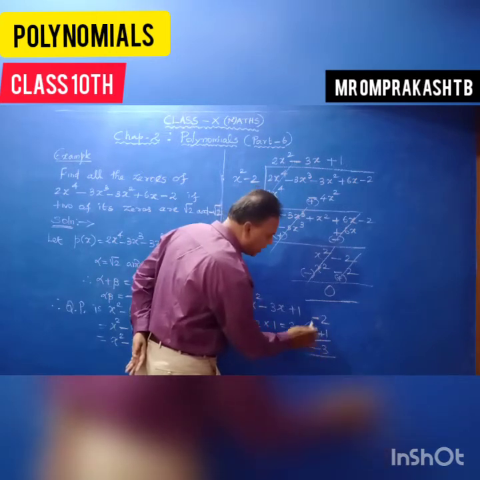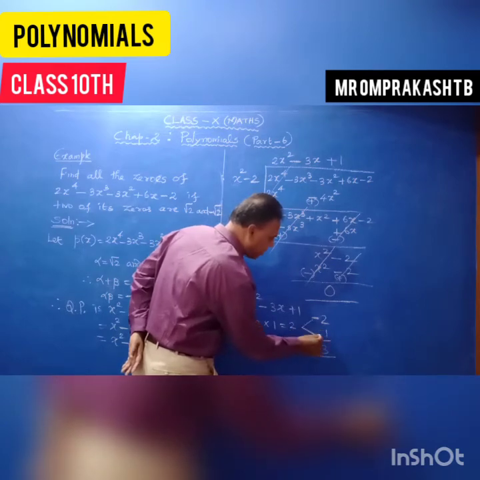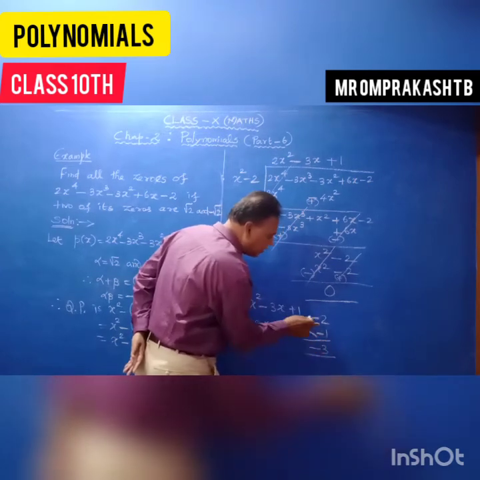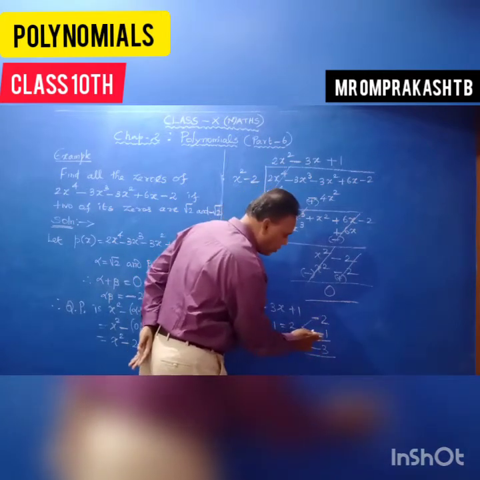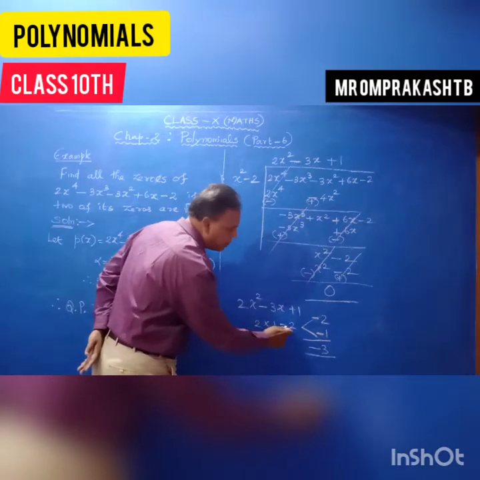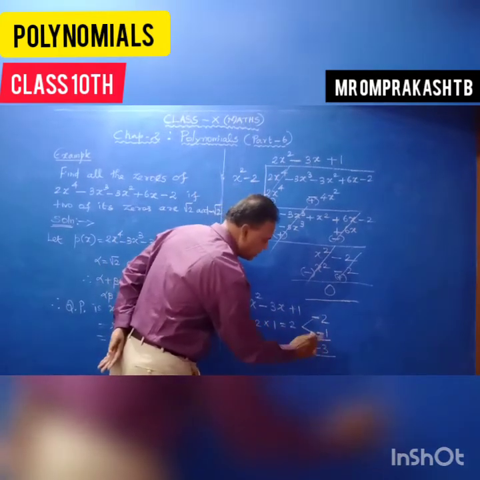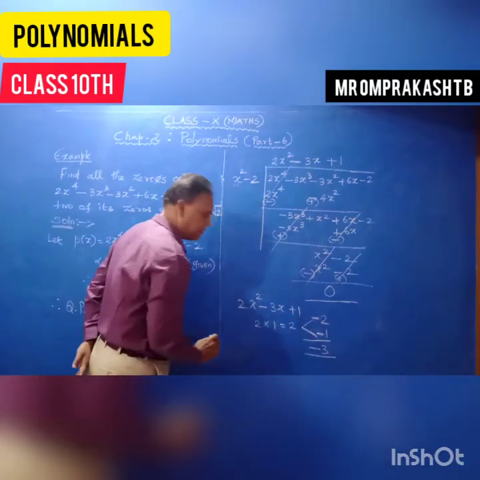But here you have to get minus 3 means same sign. You have to take what? Same sign. Clear? Minus 1 you take it. Then only you see, add and see, minus 2 minus 1 minus 3. Clear? Minus 2 into minus 1 is plus 2. Product plus 2 coming, addition minus 3 coming. You have to get like that. Understand? Such factor only you have to write here.